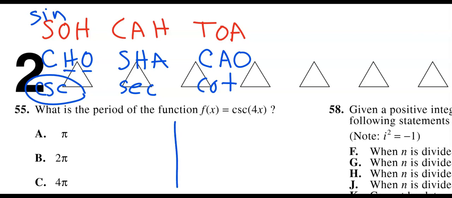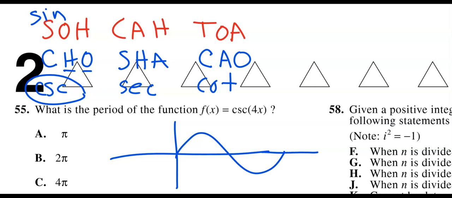Now, they're hoping that you know what a sine function looks like. A sine function has the basic shape that looks like this. It starts at 0 and it goes to 2 pi. And it will continue to do that forever and ever on the other side, and just keeps doing that.